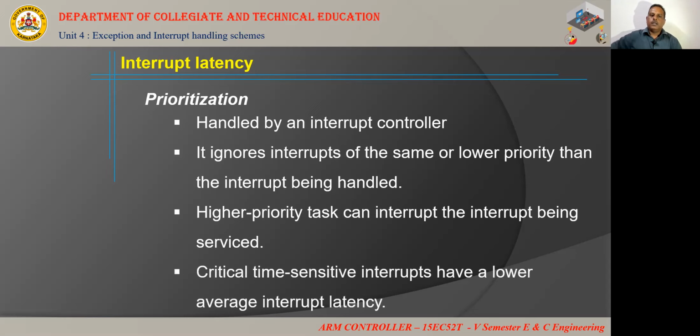This way, critical time sensitive interrupts will have a lower average latency. So interrupts having the higher priority will have lower average interrupt latency with this prioritization. This prioritization is basically handled by the vector interrupt controller.